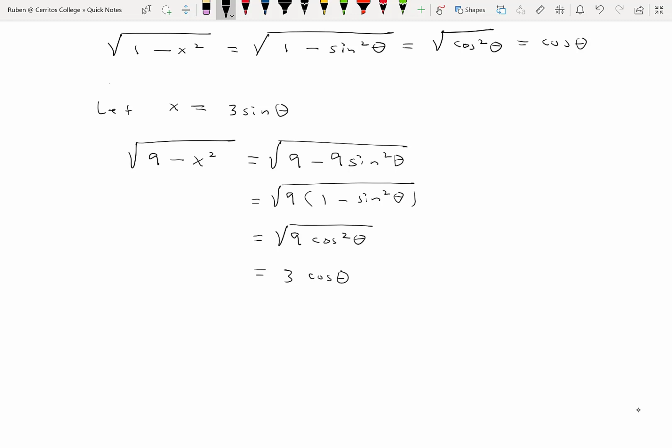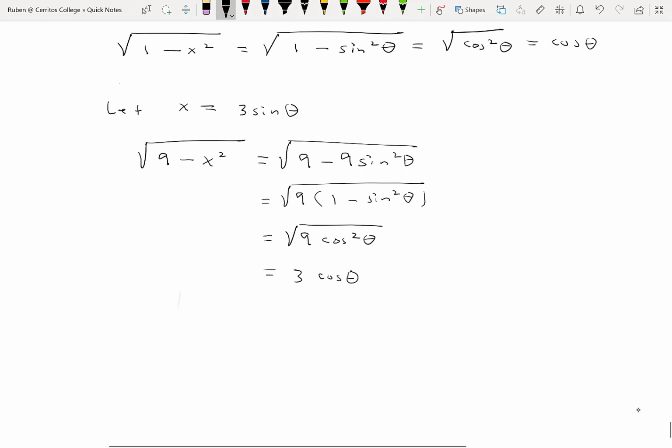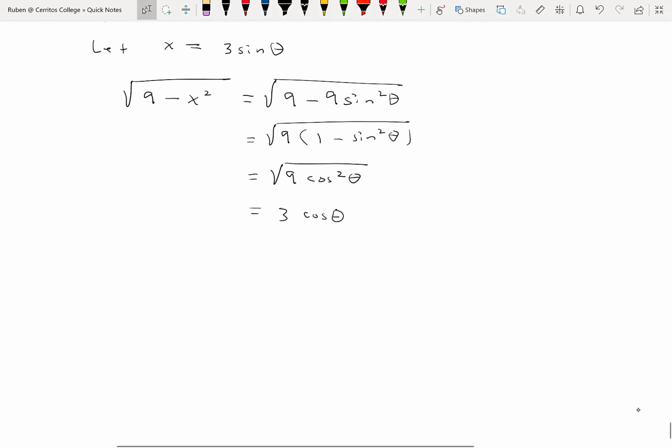Okay, so let's do this. Let's figure out our area. I'm just going to consider the antiderivative rather than the definite integral. I'm going to take the limits of integration out and look at this as an indefinite integral.